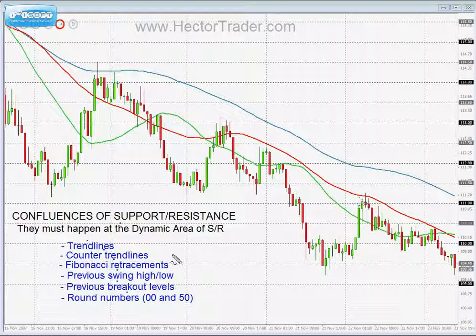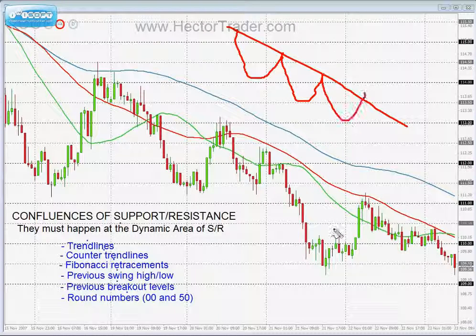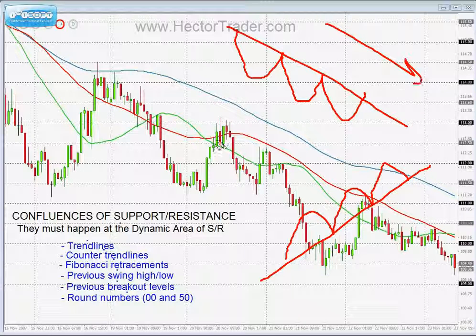Second, a counter trend line, which is a trend line that goes against the direction of the main trend. Just as a trend line was linking the swing highs in a downtrend or the swing lows in an uptrend, a counter trend line in a downtrend is a trend line that is drawing up, pointing against the main trend.